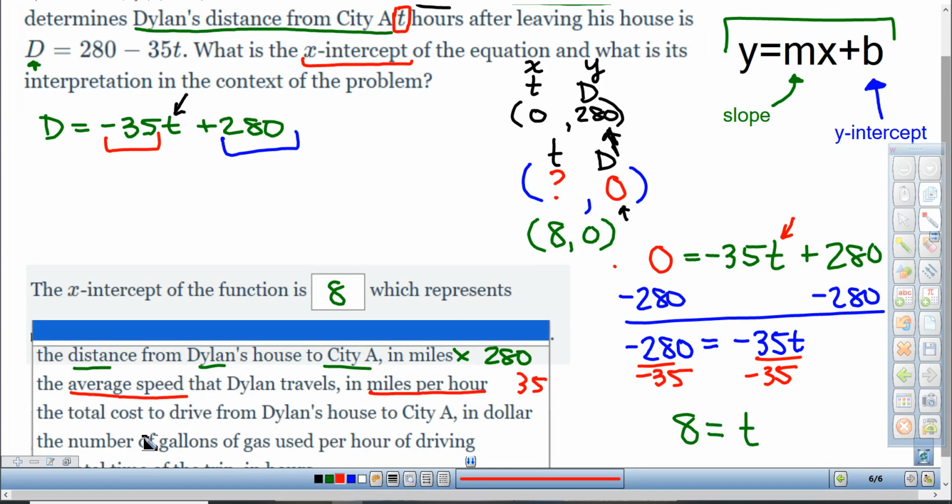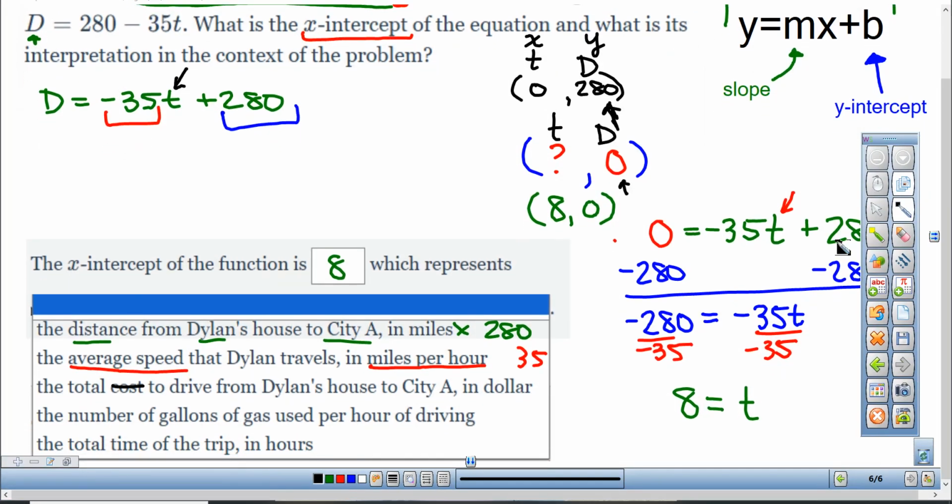Is it the total cost? We never even mentioned anything about cost. I don't know how much it cost him to drive this distance. I don't know the fuel prices, or for that matter, the fuel economy of his vehicle. Is 8 the number of gallons of gas used per hour of driving? No, once again, we never talked about gas at all.